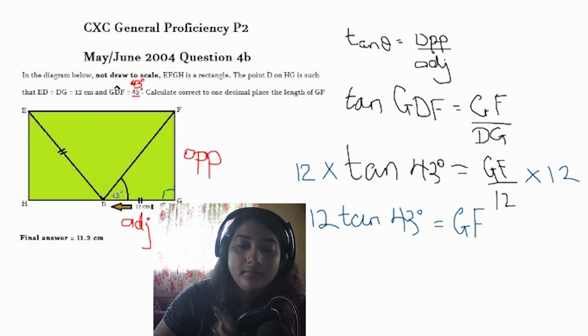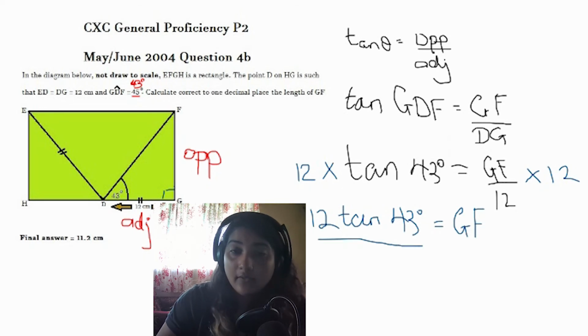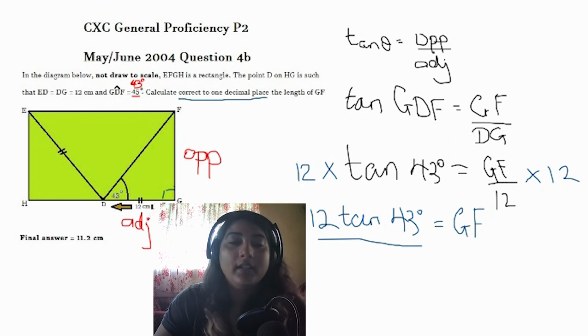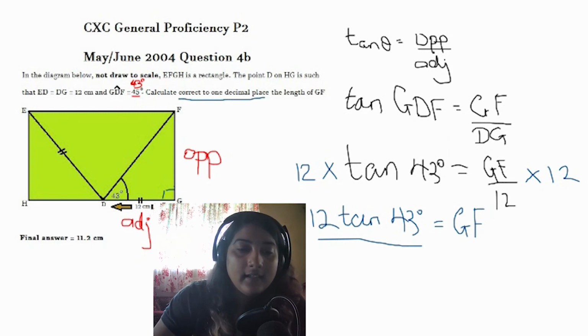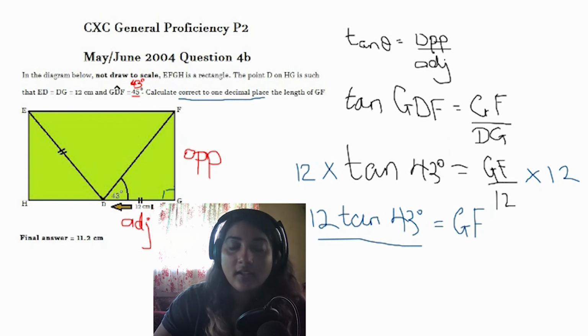Okay, now if I want to solve for GF, all I have to do at this point is plug in this statement into my calculator and evaluate it. Alright, now keep in mind they said they want the answer correct to 1 decimal place. So let's just plug in this statement exactly as it is, and then we'll do our approximation afterwards.